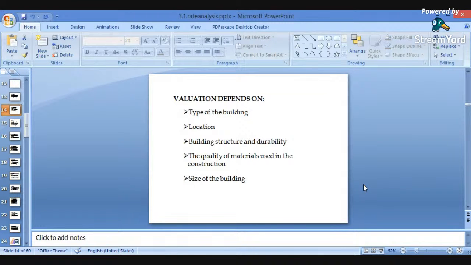Again, the size of the building: what is the permissible size of the building, and whether the different rooms or different sizes of rooms are feasible or not. So depending upon the size of the buildings, valuation plays an important role. These are the points on which valuations will depend.